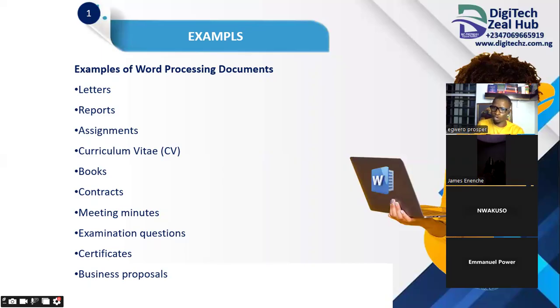So the CV or the curriculum vitae is the collection of a personal information that constitutes your name, your biodata, the state you are from, your local government, your phone number, your referees, then your educational background, then your working experience.